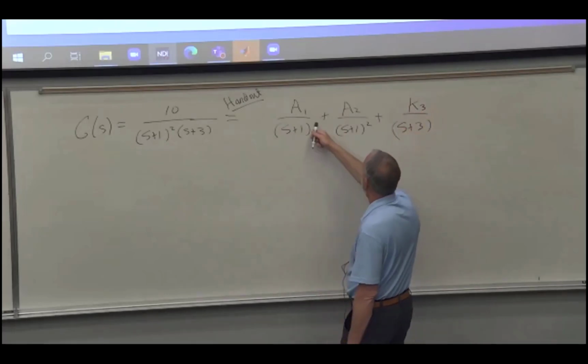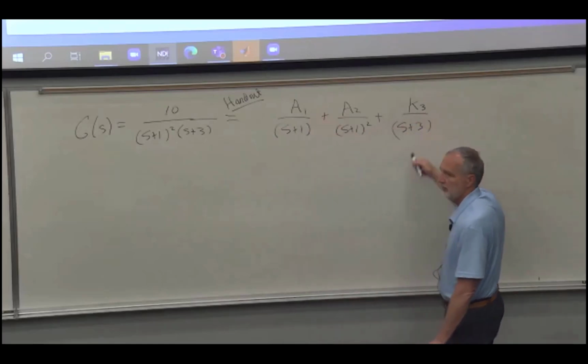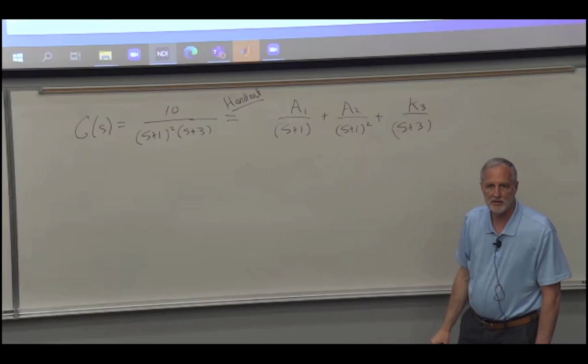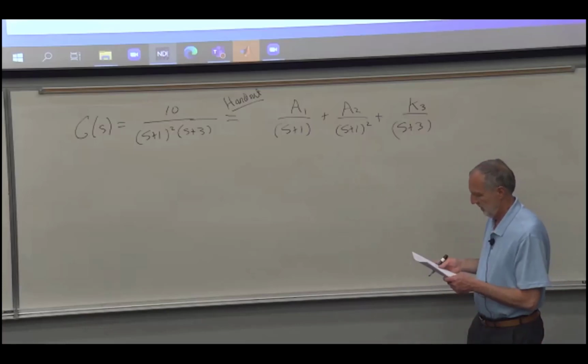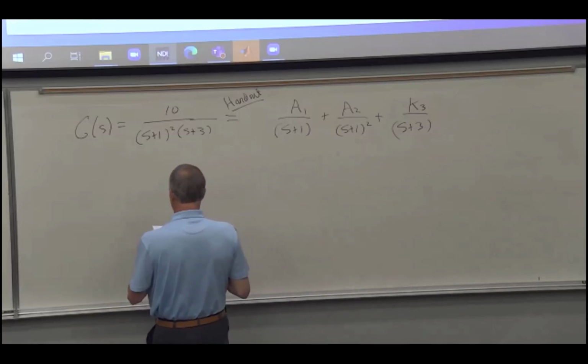And notice I've numbered these to kind of match the roots. So I put a 3 here and I put the 3 over that. It's just easier to keep track of. You don't have to do that. And so we can find A2.